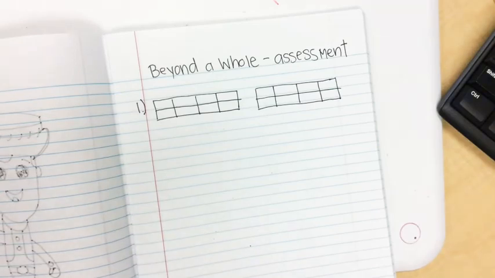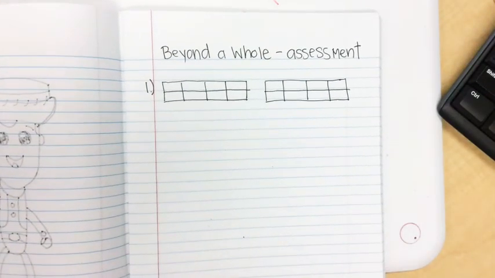All right, there are your two pieces of wood, partitioned into 8 equal parts.